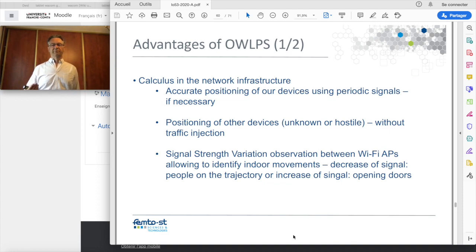And also, finally, you are going to have some signal strength variation observation between Wi-Fi access points. And like this, you can identify maybe some indoor movements without any device, because you can monitor some variation on the received signal between each Wi-Fi access point.